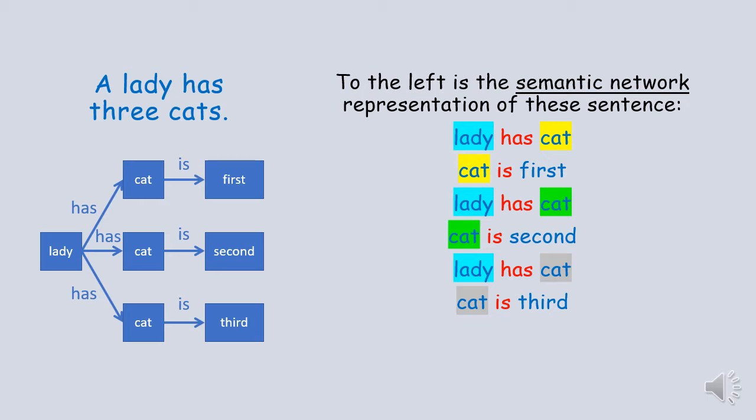We don't reintroduce the lady node, but we do add a further node for the second cat and a further node for the third cat, together with nodes for the ordinals second and third respectively.